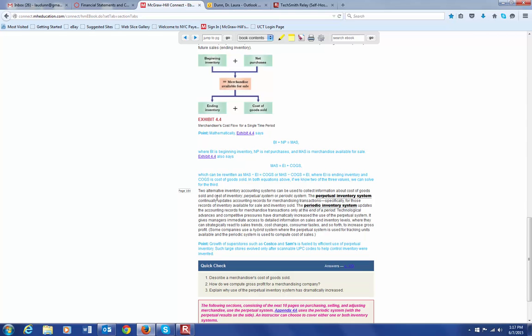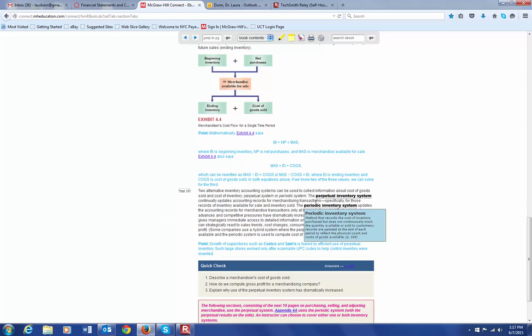The two systems that are typically used are either the perpetual or the periodic system. Under the perpetual system, you're continually updating your accounting records for the merchandise transactions. But under a periodic system, you only update them at the end of the period.